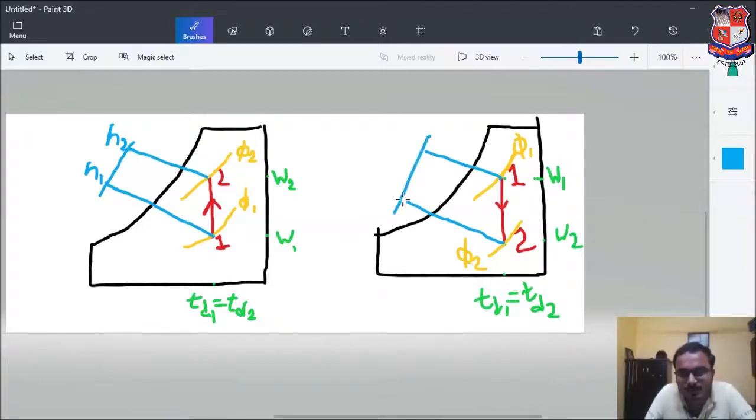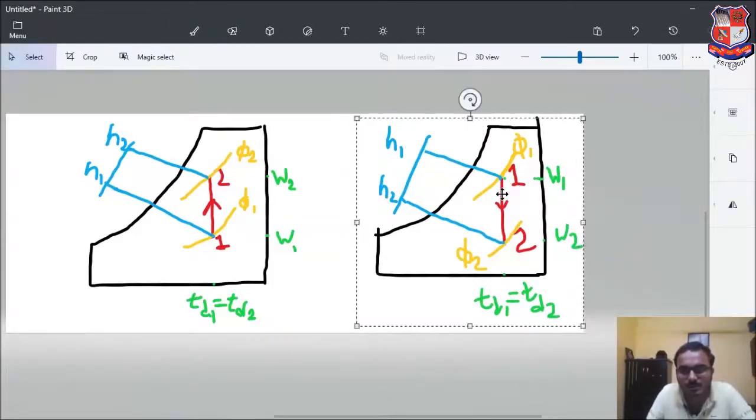That is, this will be H1 and this will be H2. So this is the way the dehumidification works.